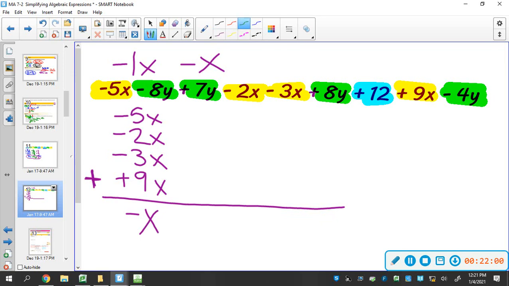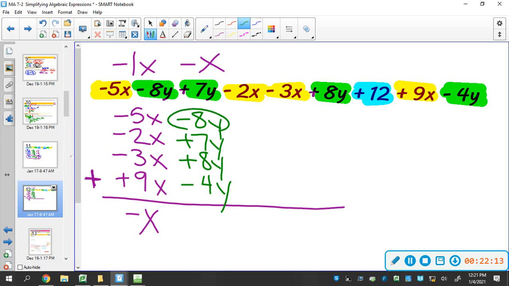Then I have my y's. So negative 8y plus 7y plus 8y and a negative 4y. Now, I notice right away my negative 8y and positive 8y cancel each other out. So really I'm just doing 7 plus negative 4, which would give me a positive 3y. Okay? Our constants always come last.